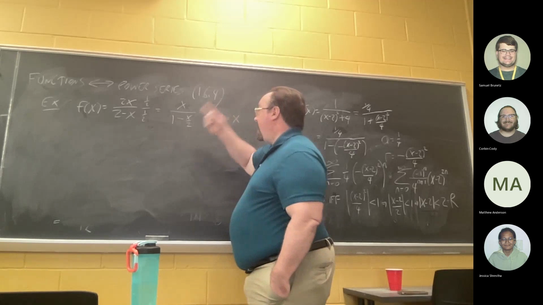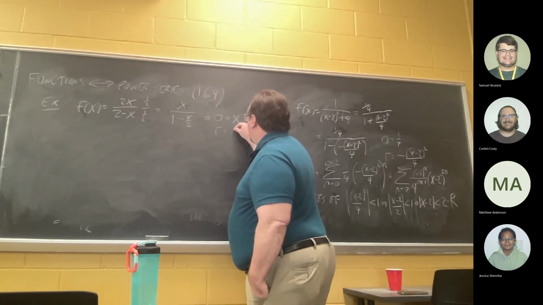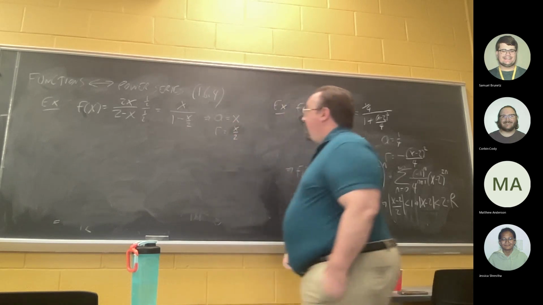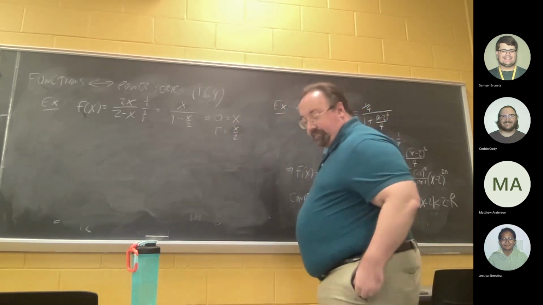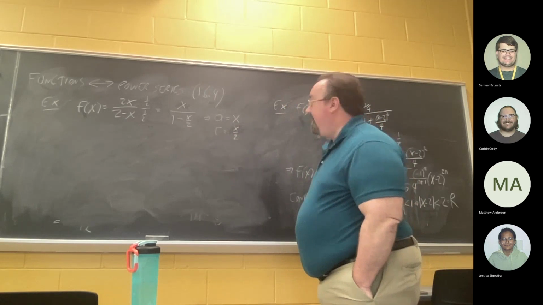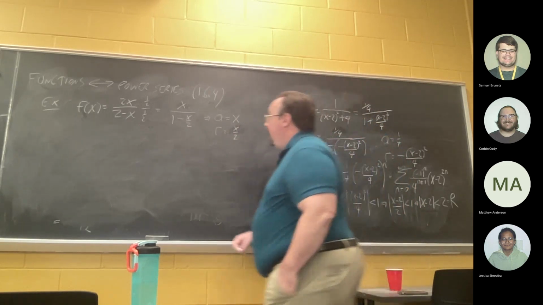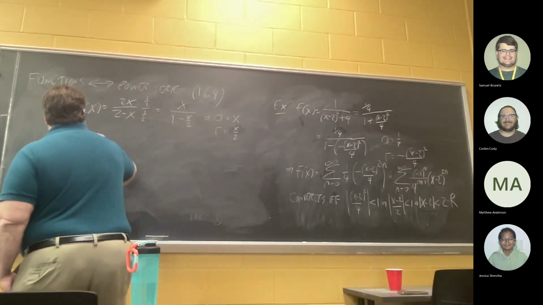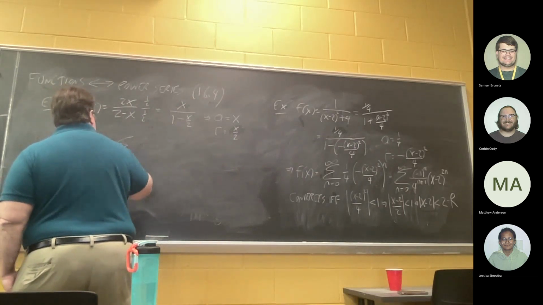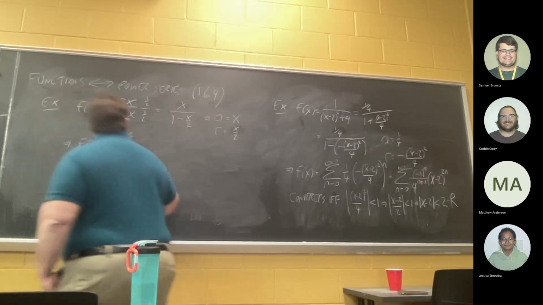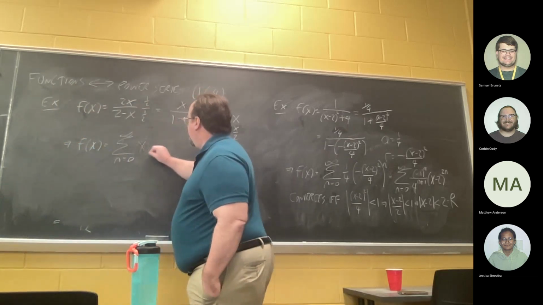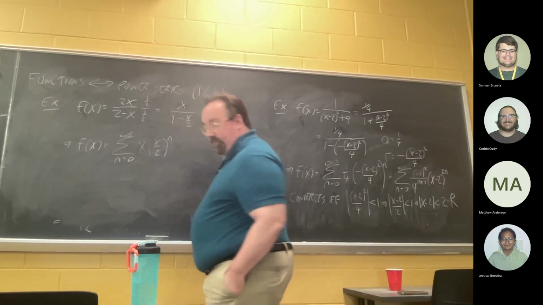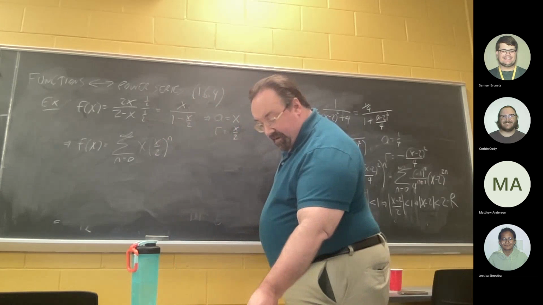The r is whatever's being subtracted from 1 in the denominator, so that's going to be x over 2. So the series would be the sum of a times r to the n, x times x over 2 to the n.